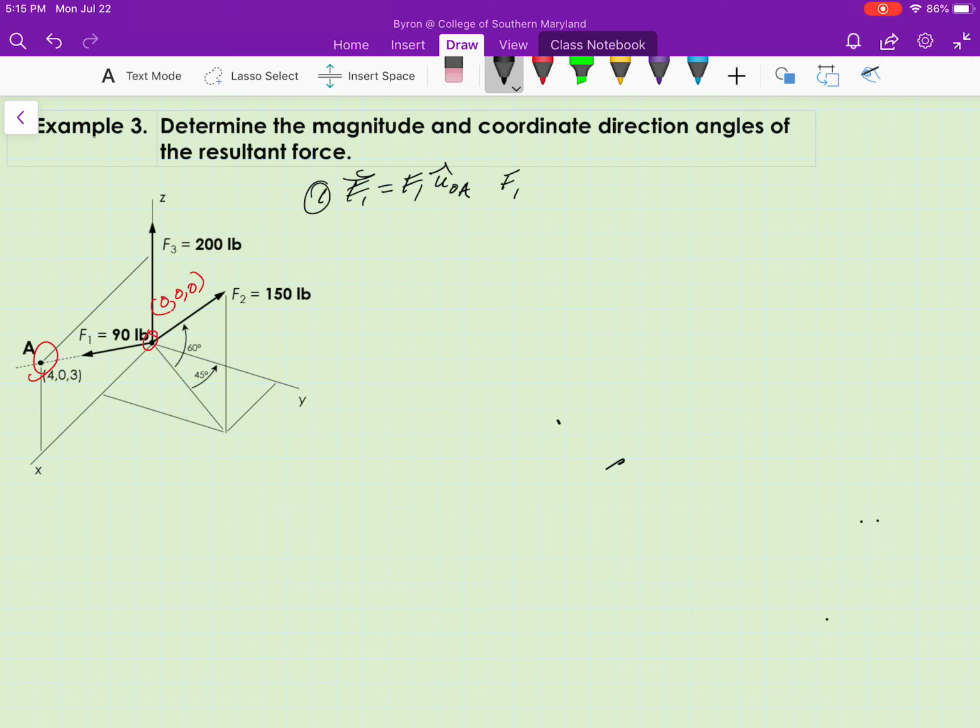Now we know that F1 is 90 pounds, and a unit vector along the line OA in the direction of F1 can be expressed as a position vector from O to A divided by the magnitude of that position vector.